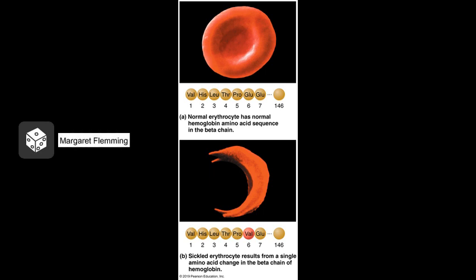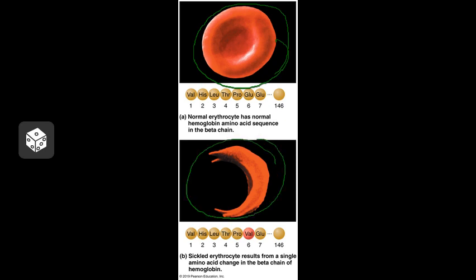Now, one more disorder to take a look at, and this is a genetic disorder. Sickle cell anemia is the result of a single amino acid change in the beta chain of hemoglobin, and that completely alters the shape of the red blood cell. So you can see up here, this is a normal red blood cell, this is a sickle cell.